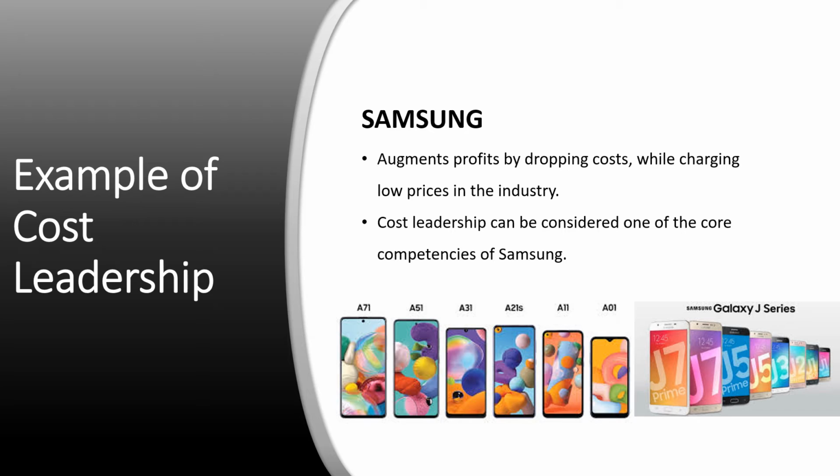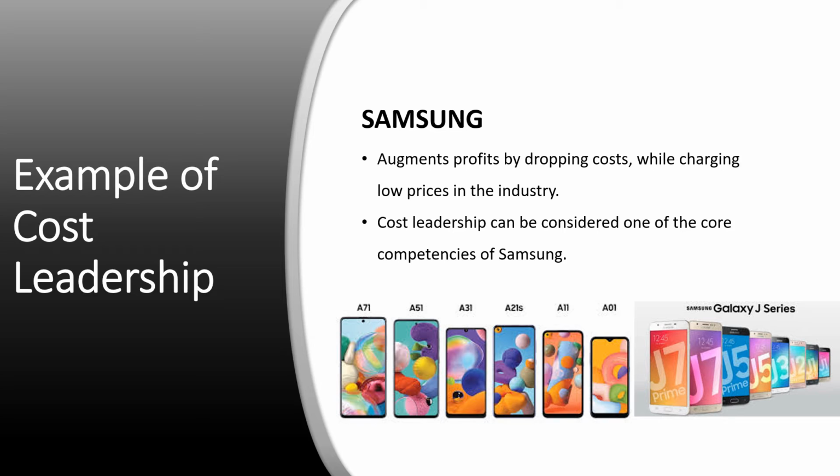I would like to bring to your attention some examples in the mobile phone industry. The first quadrant is about cost leadership. One strong brand from Korea that really plays a major mass market role in the mobile phone industry is Samsung.